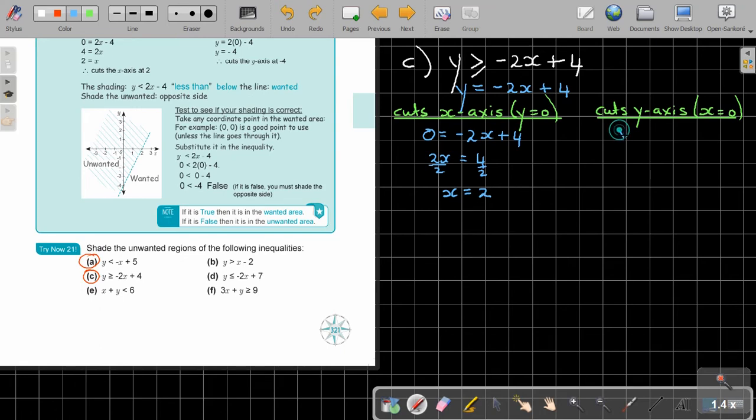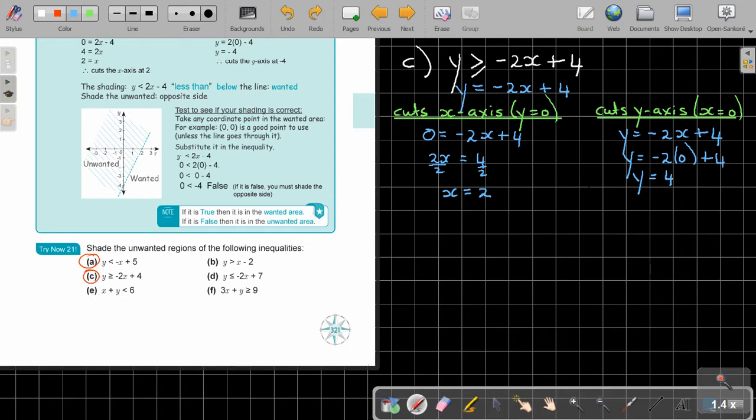Then this one, I will put a 0. So y will be equal to 4. And then I'm going to draw my line. So it's at 2 and 4, the line.